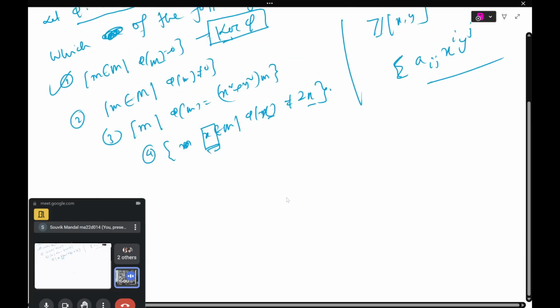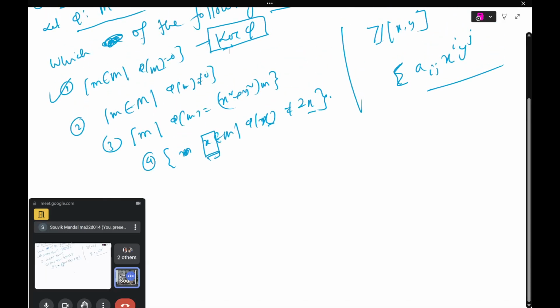Now tell me, can option two be a submodule? Try to analyze.